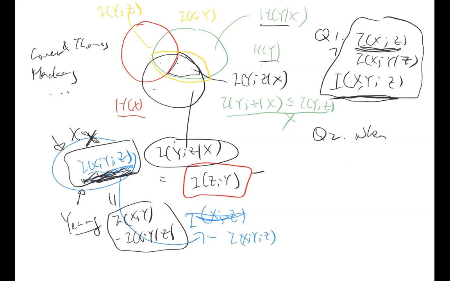Let me use the same thing. Let's say I(Y;Z|X) is bigger than I(Y;Z). Can you give an example of when I(Y;Z|X) will be bigger than I(Y;Z)?